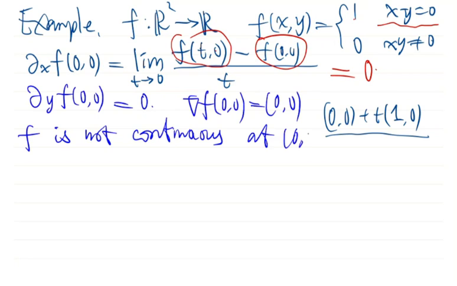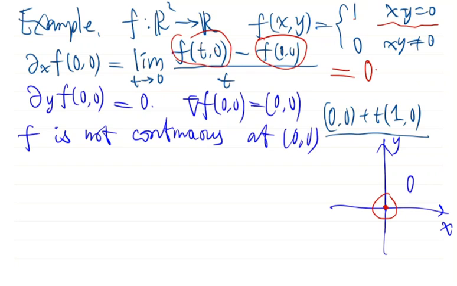At (0, 0), right? Because the value of f on the coordinate axis is 1. Outside the coordinate axis, the value is 0. So it is easy to see that f is discontinuous at this point (0, 0), because very close to this point, the value of f is 1, and there are also points where the value of f is 0.